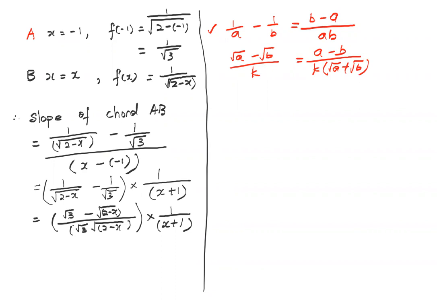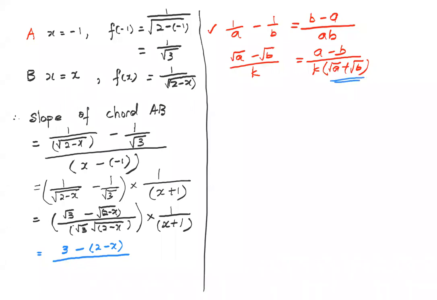Do you see? So what I do is square of a, take away my b, which is 2 minus x, divided by the k. The k means I have to times with this.